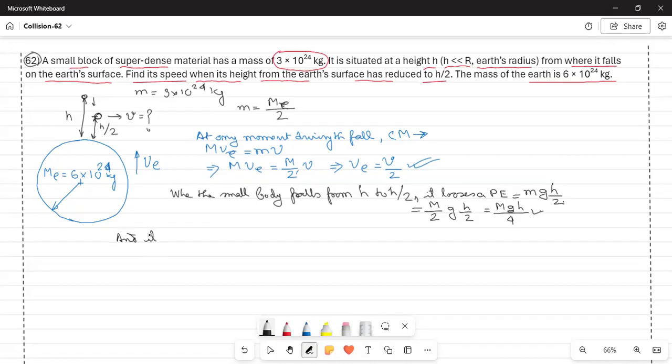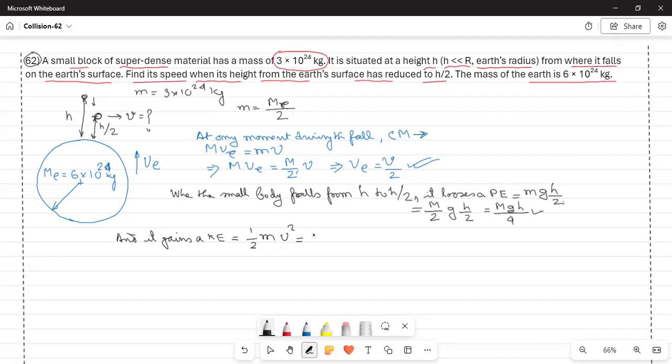It gains kinetic energy of half m v square.